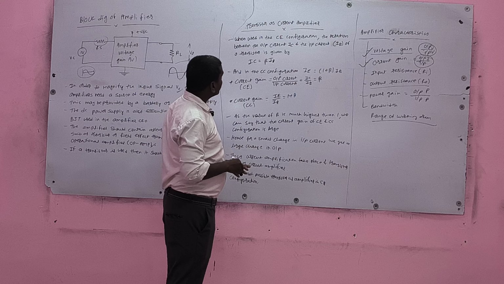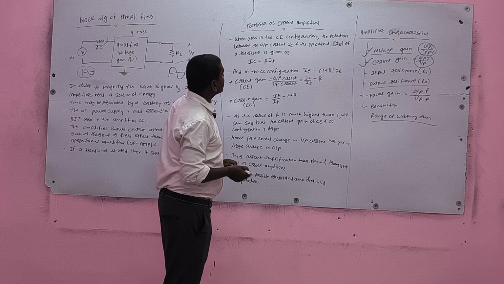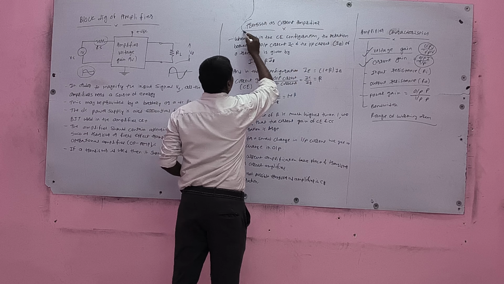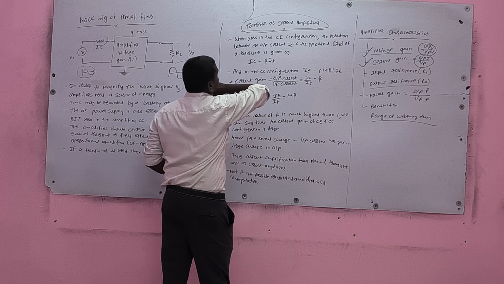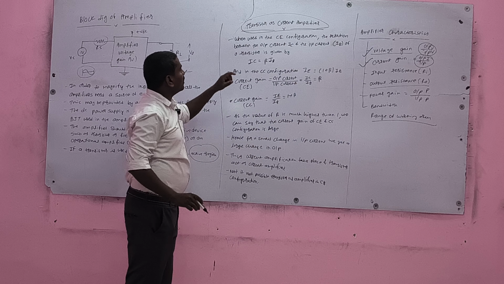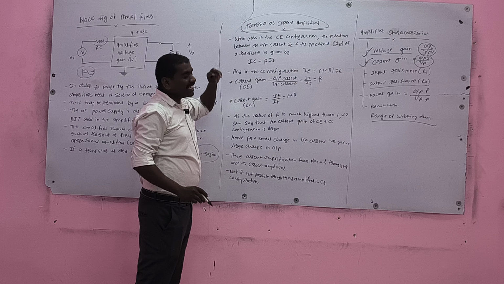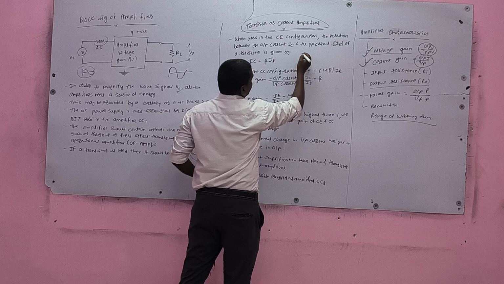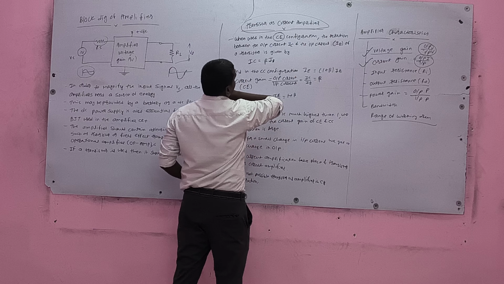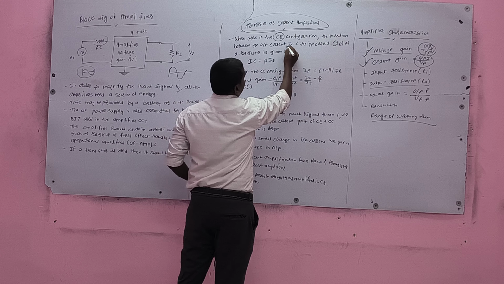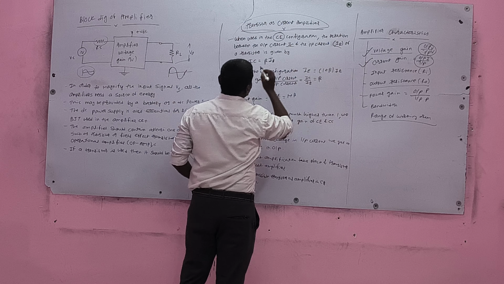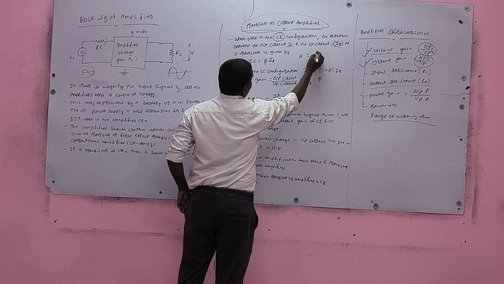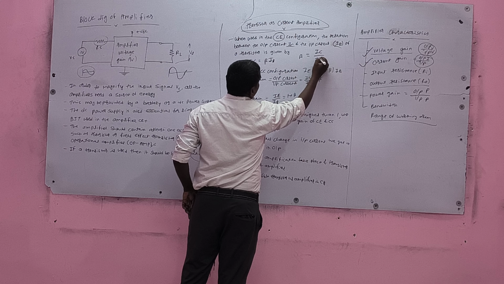So in this lecture we will discuss transistor as a current amplifier. Transistor as a current amplifier. When CE configuration is used, that means common emitter configuration, the relation between IC and IB is beta equals IC upon IB.